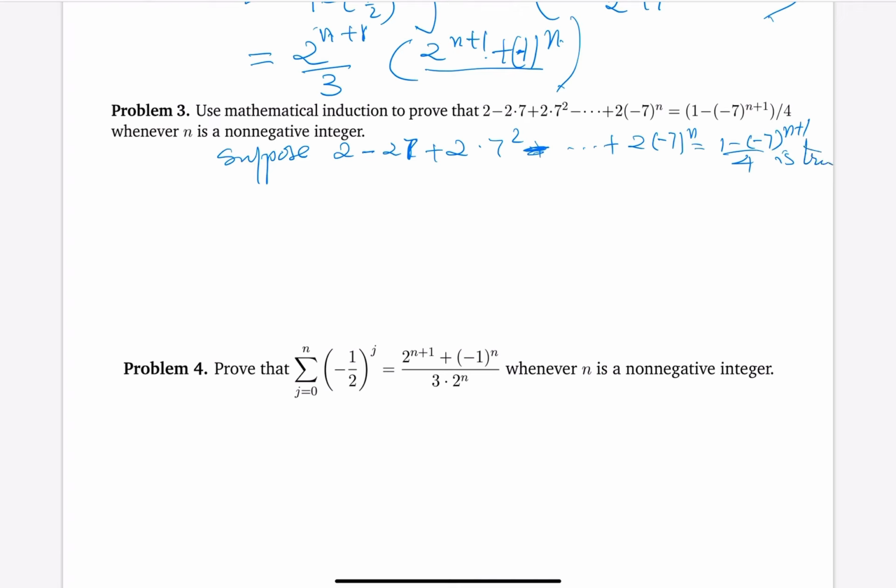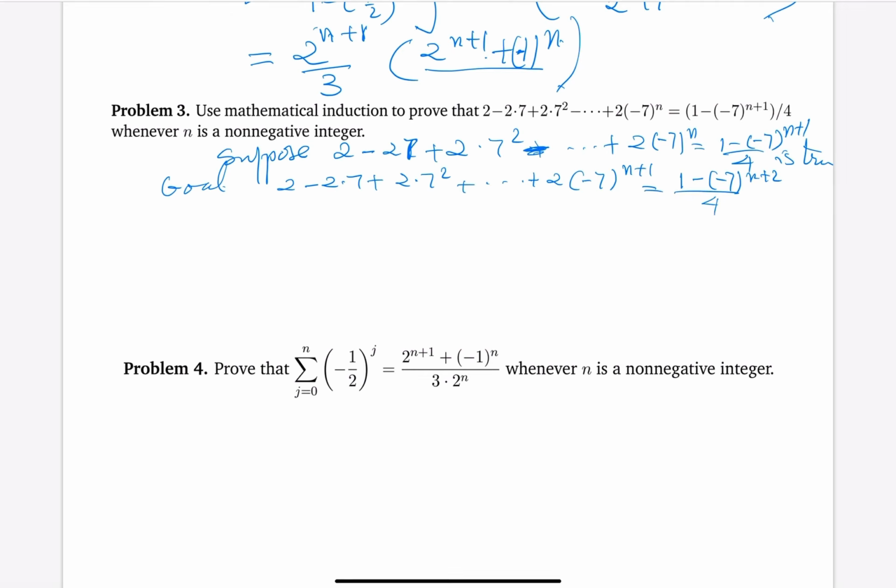Okay? Your goal is to prove this one. Goal is to prove 2 minus 2 times 7 plus 2 times 7 squared, and you keep going, plus 2 times negative 7 to the n plus 1 is equal to 1 minus parenthesis negative 7 to the n plus 2, divided by 4. Okay, this is your goal.